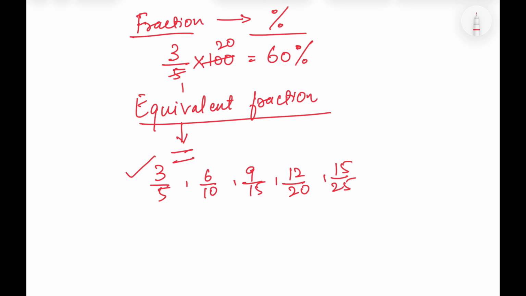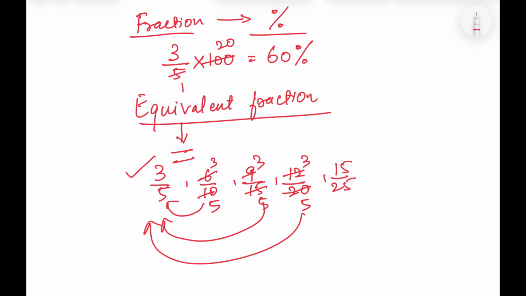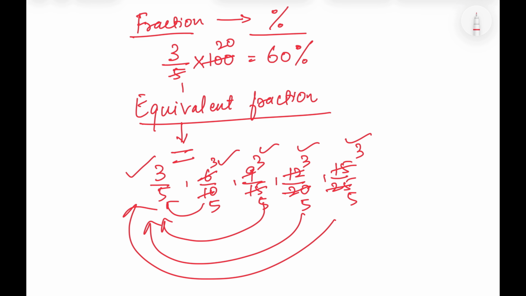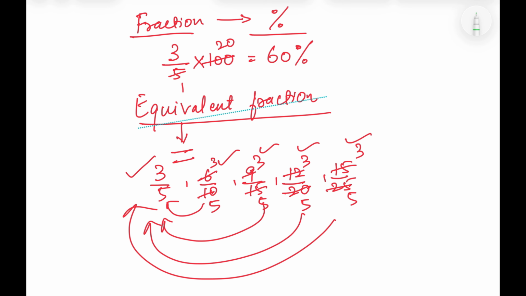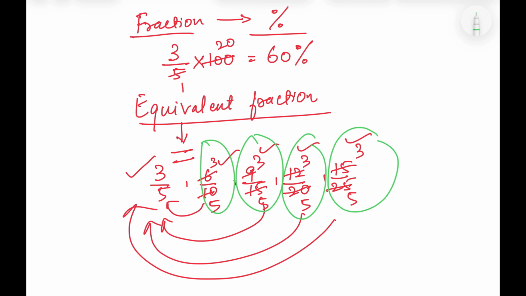So if I reduce this, what do I get? 3 by 5. If I reduce this, what am I getting? Again 3 by 5. If I reduce, again 3 by 5. If 5 3s are and 5 5s are, again 3 by 5. So when I reduce all these fractions, what do I actually get? After reducing them all, again my answer is 3 by 5.